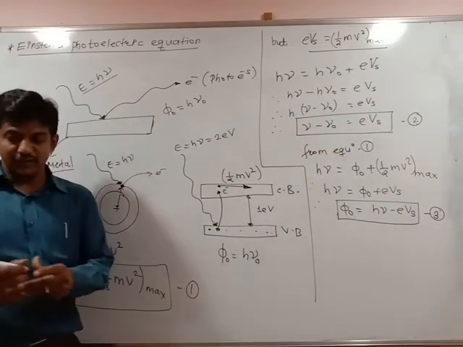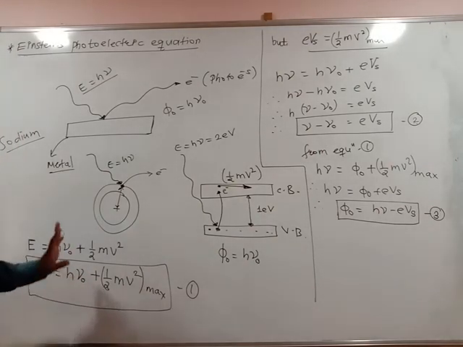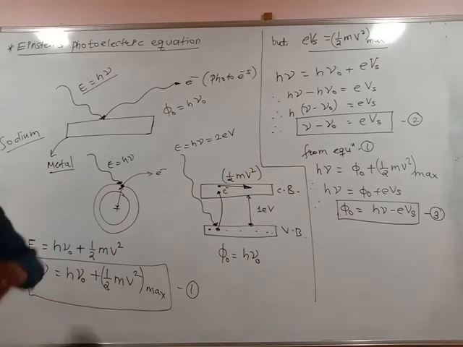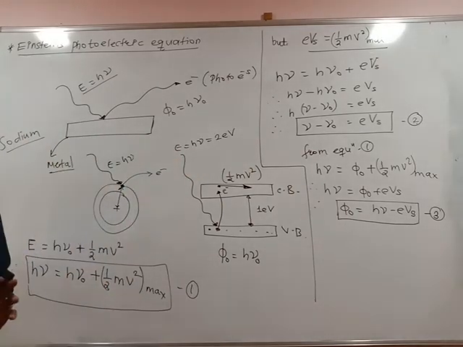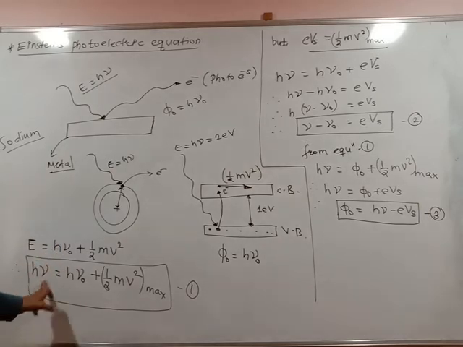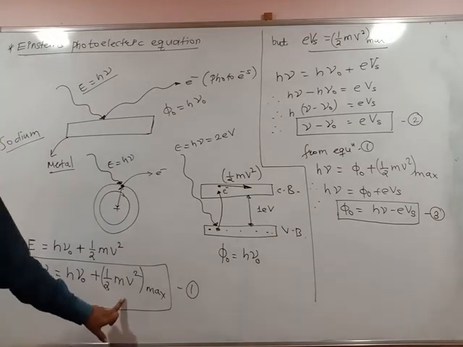In the book they have given only one form of Einstein's photoelectric equation. In general, what is the photoelectric equation? Incident energy is equal to threshold energy plus maximum kinetic energy. Out of the incident energy, part is used to eject the electron, and the remaining part is used to increase the kinetic energy of the electron.